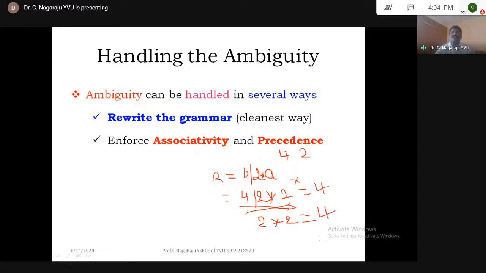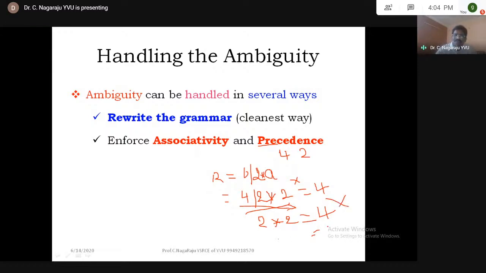That is mathematically correct for left to right, but according to precedence, the other operation is executed first, so the answer is wrong.